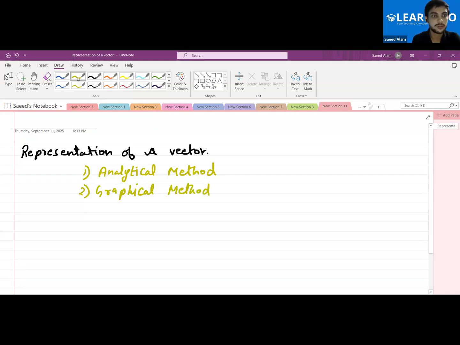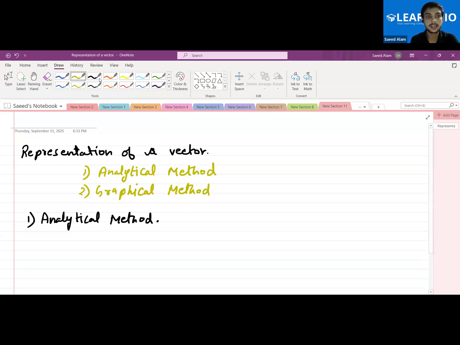The first quantity that we will write here is the analytical method. How do we represent the vector in the analytical method?